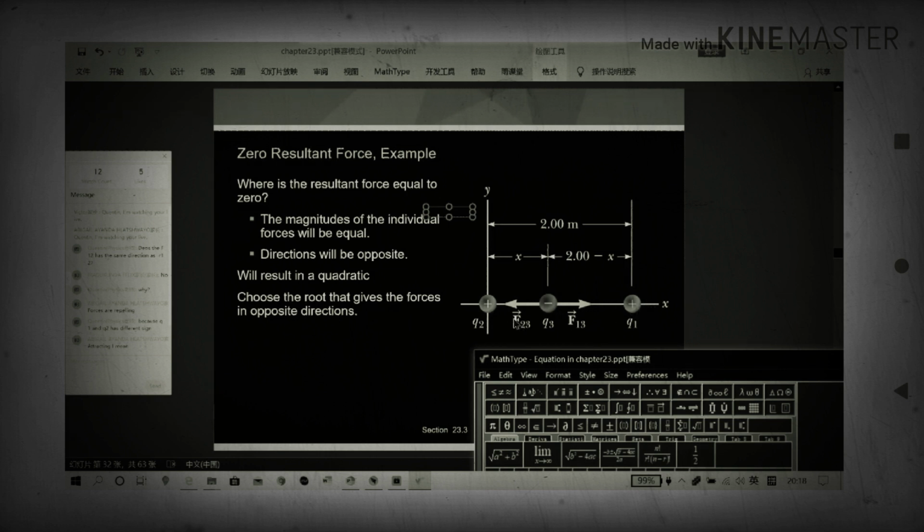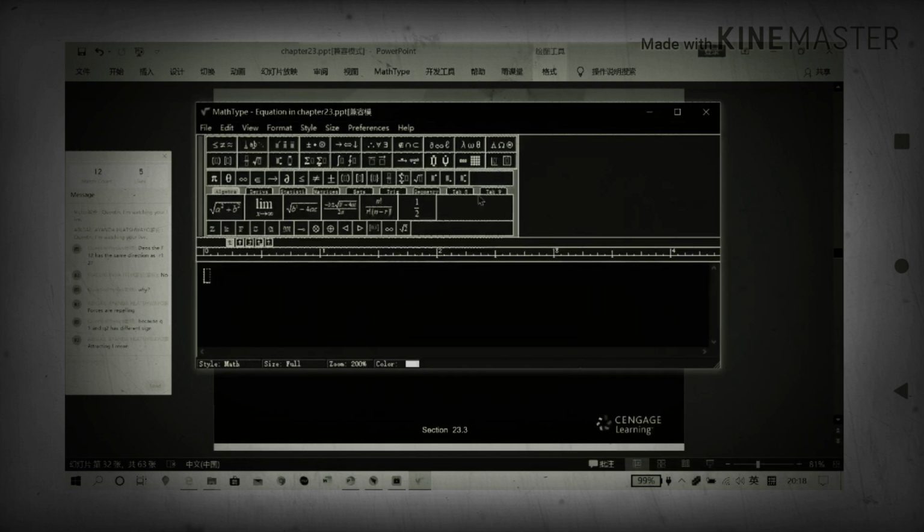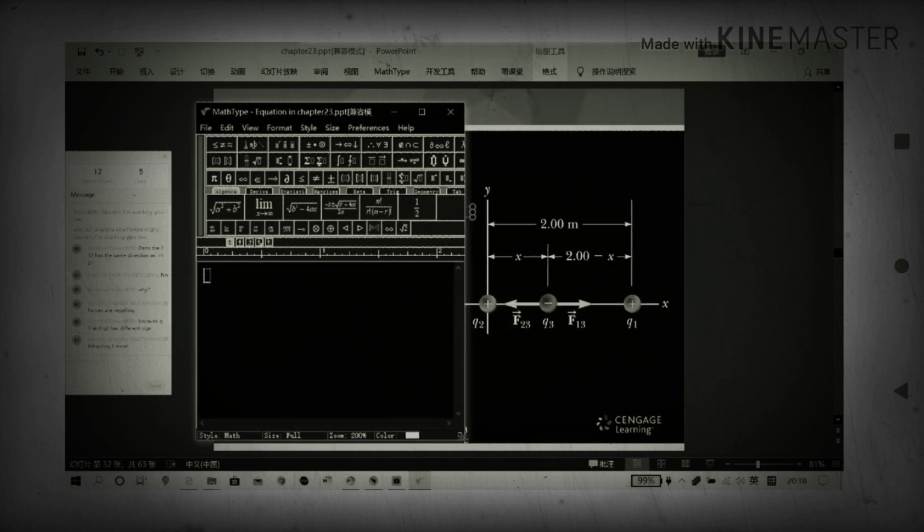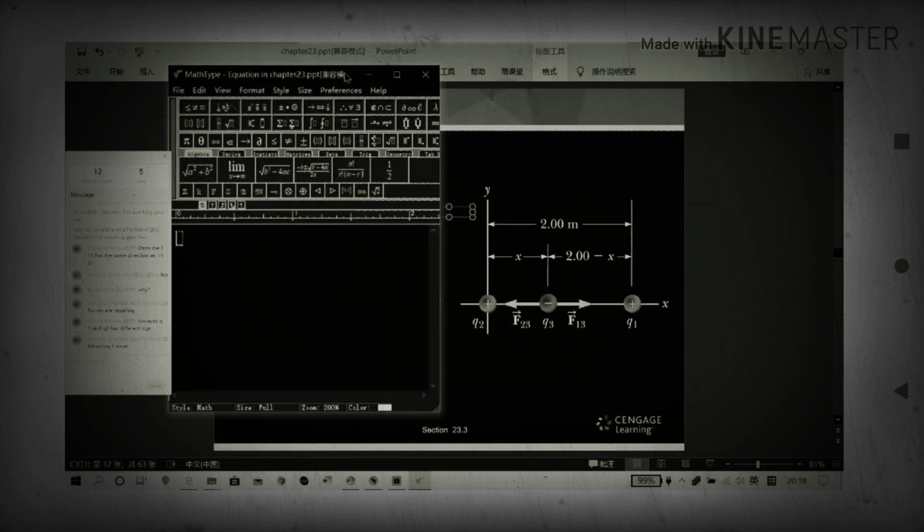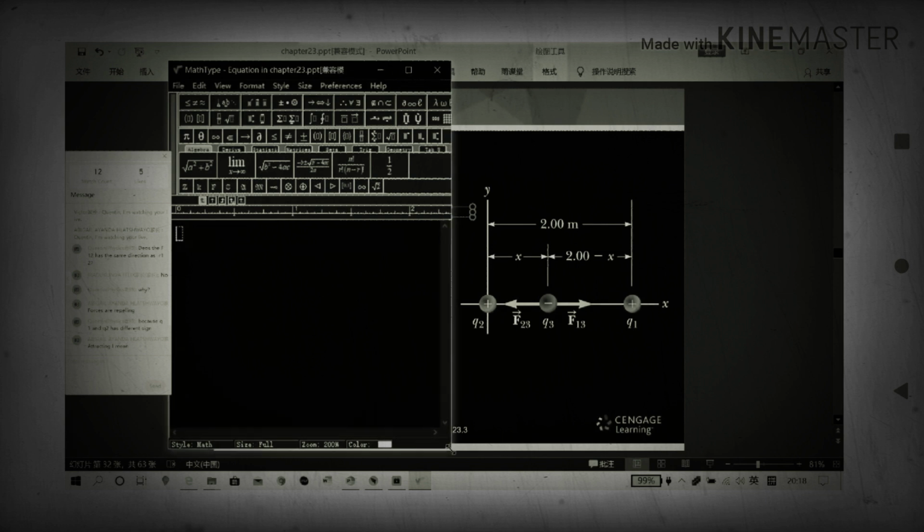We have force from Q2 on Q3 in another direction, because there are different signs. So let me write in this equation window. What's the magnitude of F13?